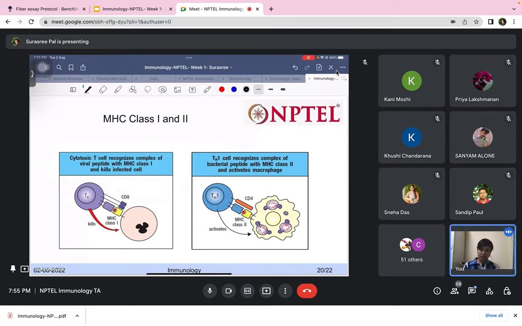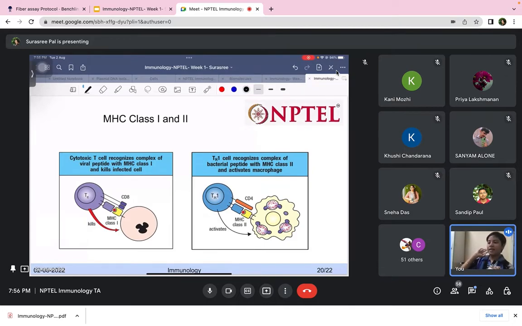So MHC molecules, I was discussing previously, are the mediators which help the antigen to be presented to the T cell receptors, right? There are two classes of MHC molecules, class 1 and class 2.